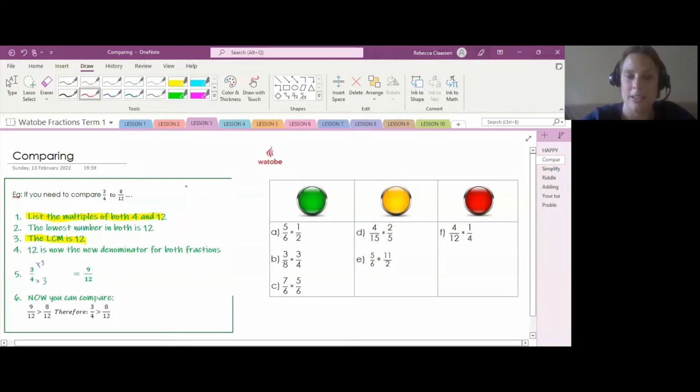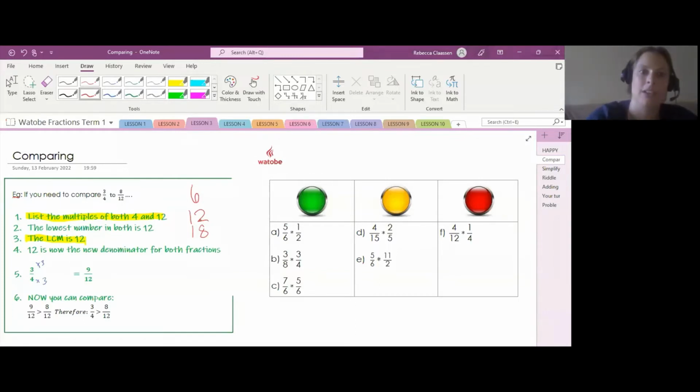So think about your 6 times table. 6 times 1 is 6. 6 times 2? 12. 6 times 3? 18. There we go. And the first 3 multiples of 2? 2, 4, and 6.